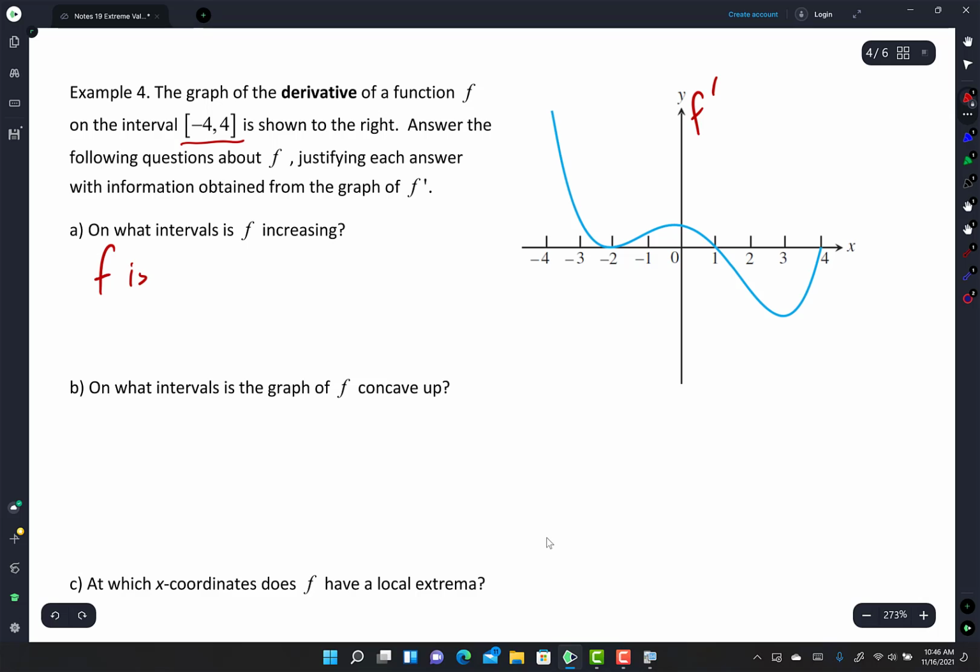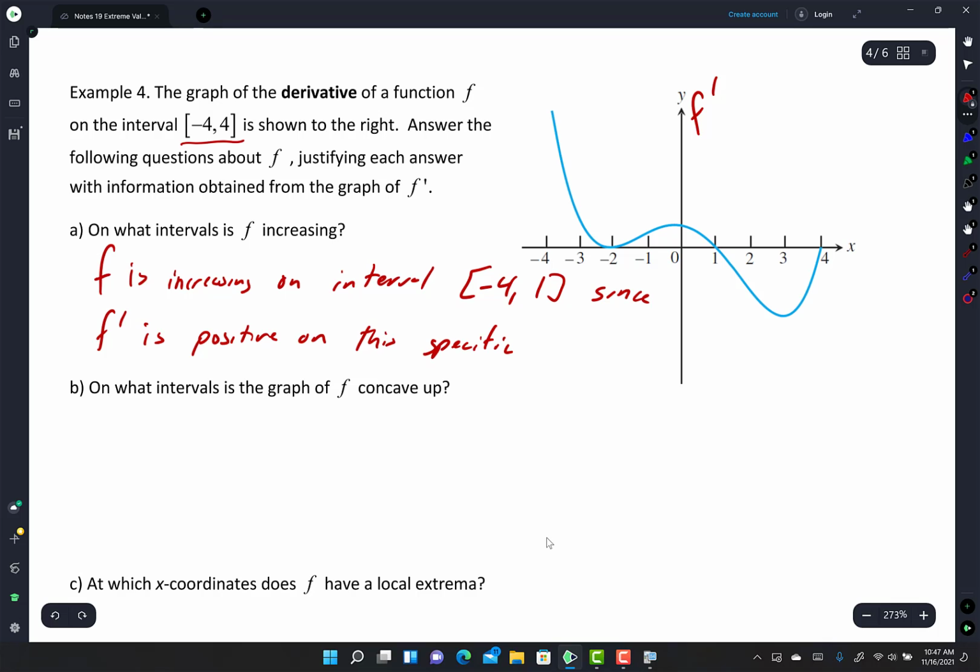F is increasing on interval -4 to 1, since f prime is positive on this specific interval. It's above the x-axis. Does that make sense to you?